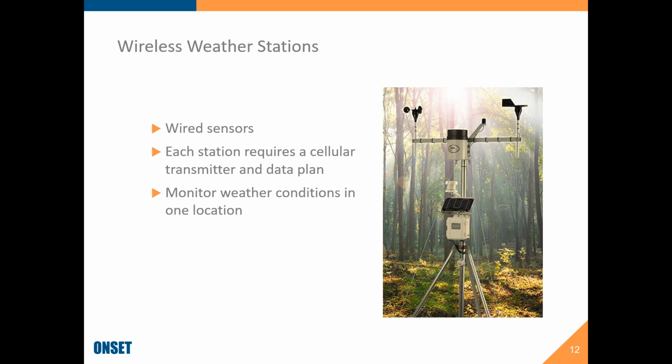A wireless weather station has wired sensors into a station, and each station has its own cellular transmission and data plan. And these are great for monitoring weather conditions in a particular site. So for example, if you just need evapotranspiration at a particular site, a wireless weather station may be the perfect way to get that information.